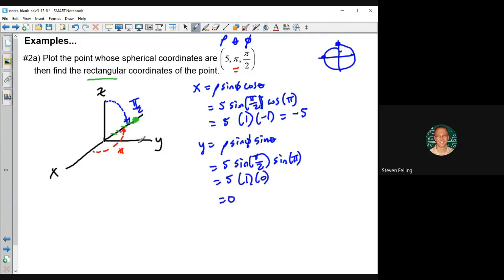So the y-coordinate is 0. And then for z, it would be rho cosine phi, right, which is 5 times the cosine of pi over 2. And at pi over 2, the cosine is 0. So this is 0. So this is the point with x -5, y 0, and z 0.